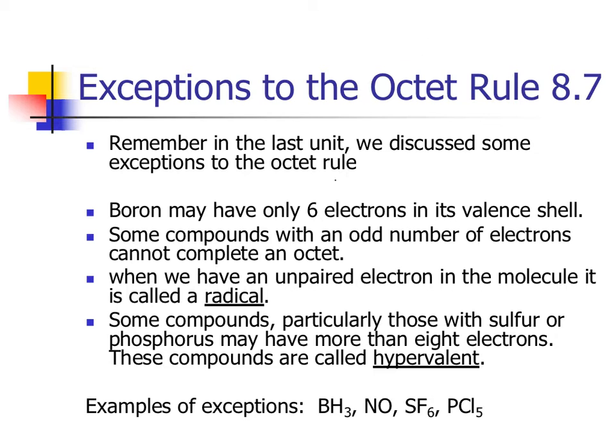If we have, say, oxygen, and its Lewis dot structure looks like this, and is bonded with something, we would say that that electron right there would be the radical.